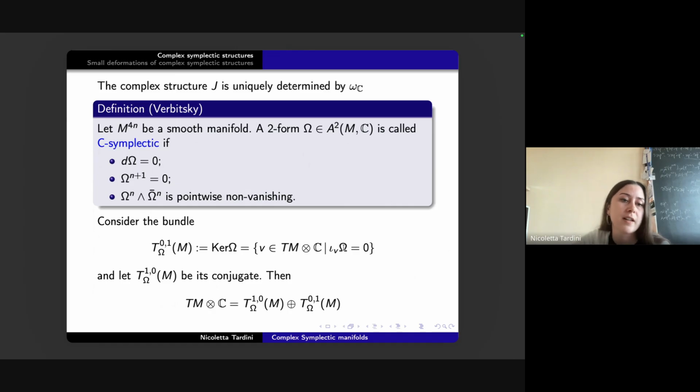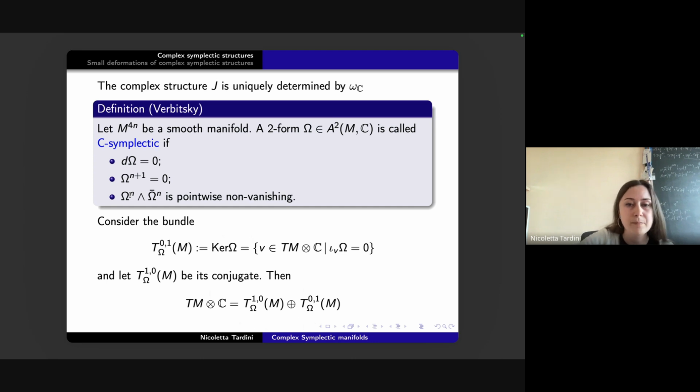And then you define T10 as its conjugate, okay? And then the second and the third conditions ensure that this is well-defined, and they are in direct sum, and their sum is equal to the complexified tangent bundle. Okay, so this follows from the second condition and the third condition.